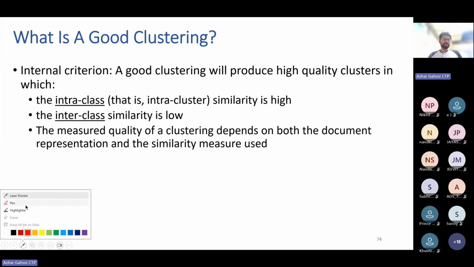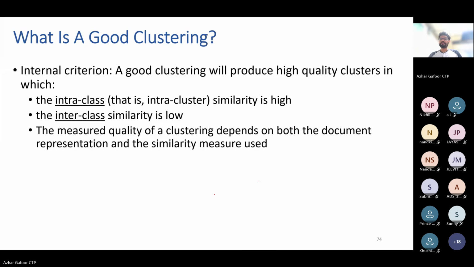A good clustering algorithm will provide high quality clusters in which the intra-class similarity is high, that is, within the class the similarity is high, and the inter-class similarity is low. That is, between the two classes, the similarity will be less.